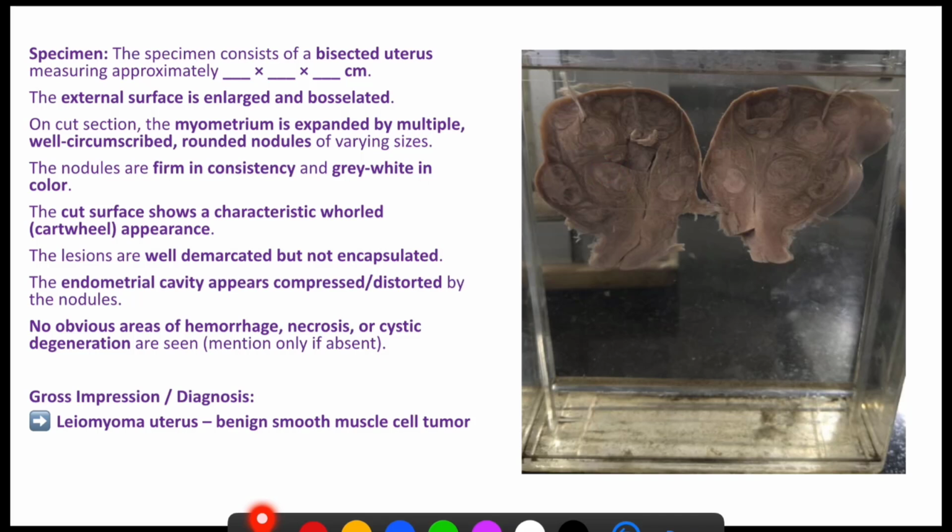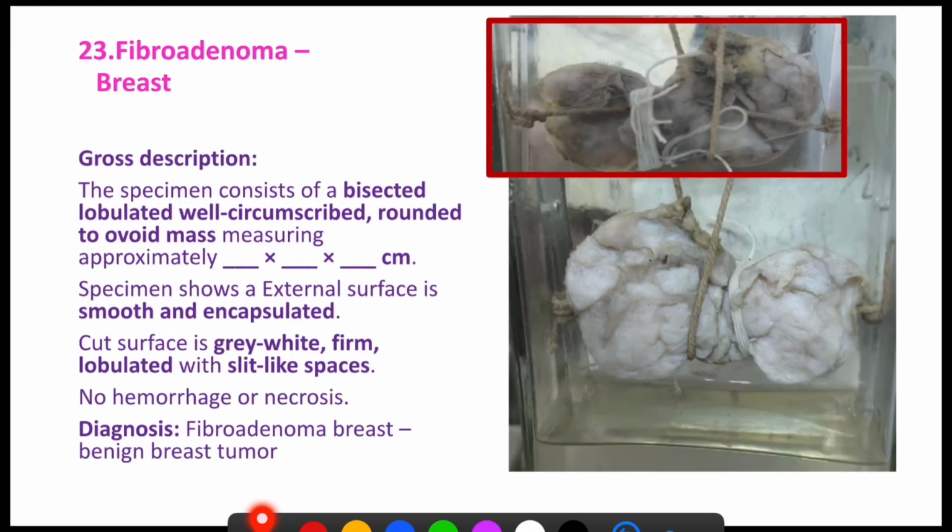When you learn systemic pathology of the female genital tract, you will learn the different names of leiomyoma according to location, whether intramural, subserosal or endometrial. So this is a specimen of leiomyoma uterus, which is a benign tumor.